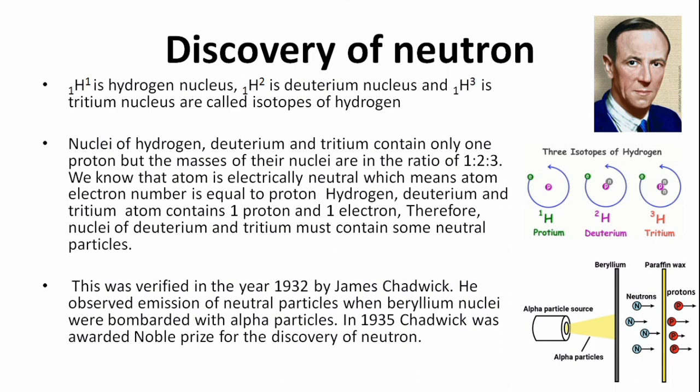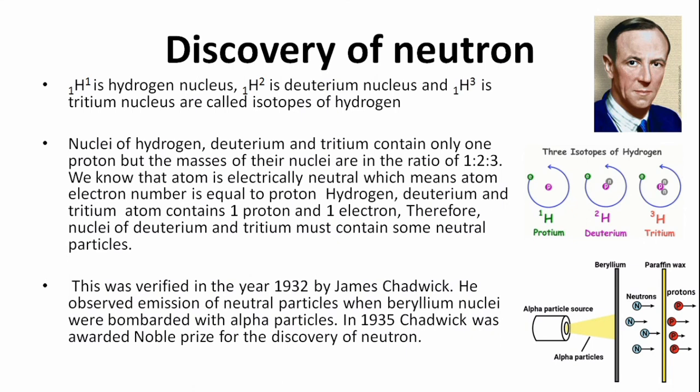When they measured the mass of deuterium and tritium, they observed that the masses of hydrogen, deuterium and tritium are in the ratio 1:2:3.